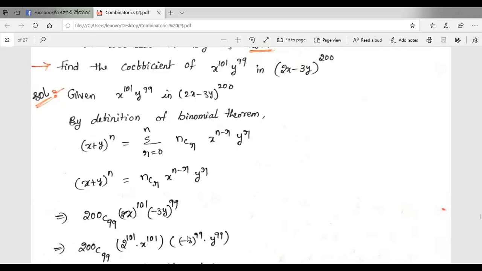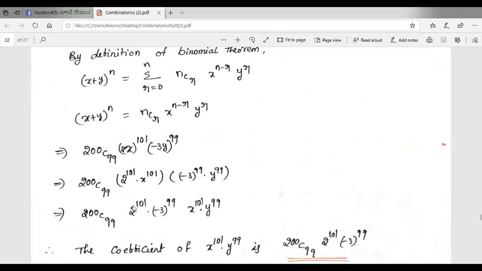So the constants will be common, and the remaining quotient of x power 101 and y power 99 is 200C99 2 power 101 (minus 3) whole power 99. This is the coefficient of x power 101 and y power 99. Okay.